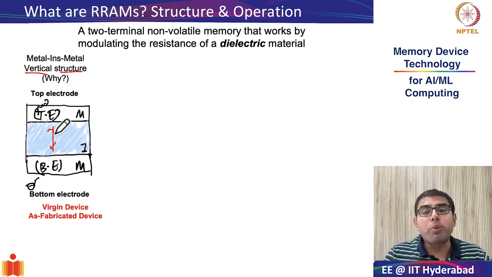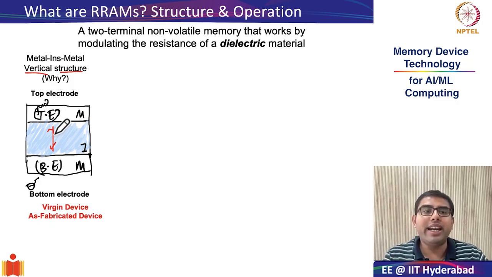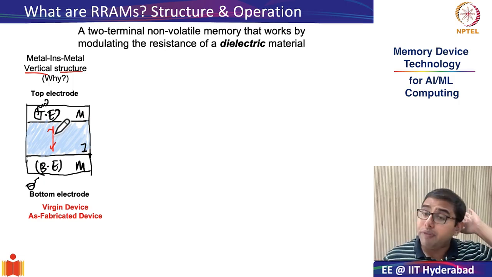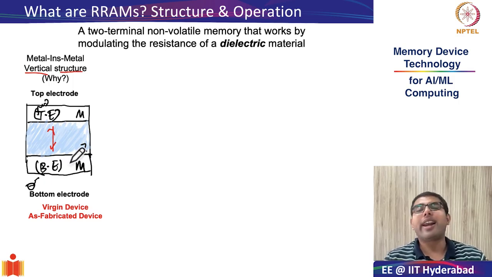So if you had to make a lateral device and you had to make it very scalable, means the area should be very less, you have to focus on lithography. Now doing lithography in the nanometer scale, 5 nanometer, 10 nanometer is quite challenging. But to deposit a thin film of 5 to 10 nanometers is relatively easy. That is the first thing. This also leads to the answer of voltage or power scalability.